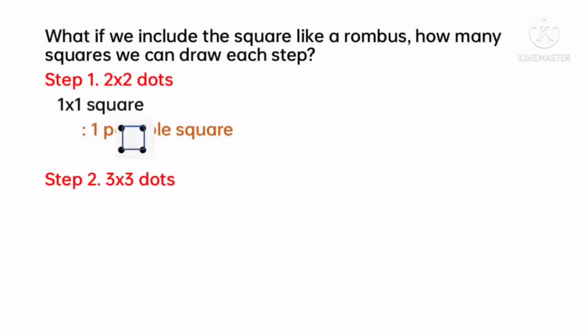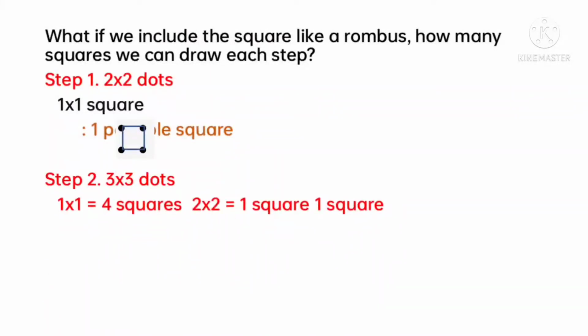So, sa step 2, 3 by 3 dots, may 3 tayo. So, yung 1 by 1, which is 4 squares, 2 by 2, which is 1 square, and yung 1 square na hindi pa natin alam kung ano nga ba yung size. This is like a rhombus square.